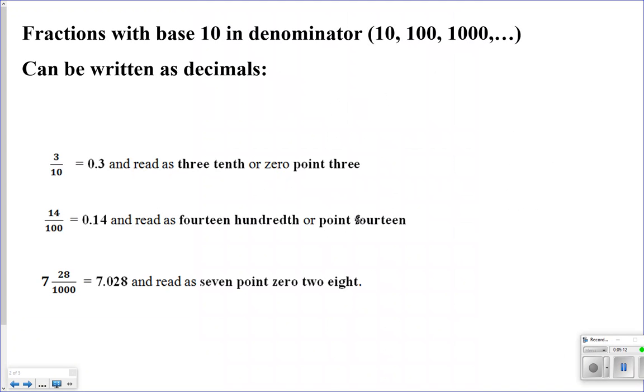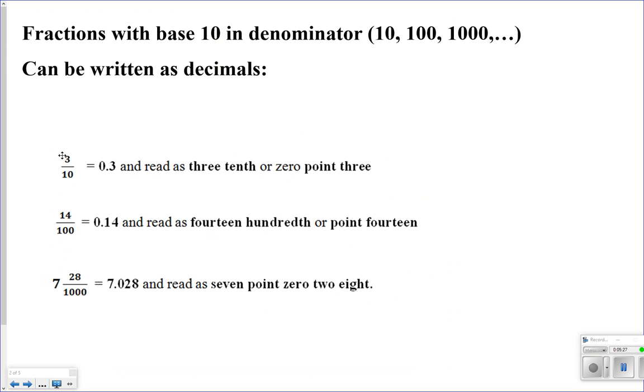Here, let's read with me. A fraction with a base 10 denominator, 10 or 100 or 1000, can be written as a decimal. The first fraction here is 3 over 10. The denominator here is 10, so I can write it in this form, 0.3, and read it as 3 tenths, because the place value of 3 here is tenths. Here we have 14 over 100. I can write it as 0.14.